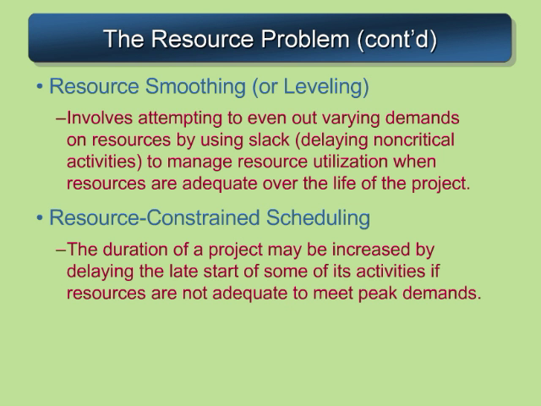Ultimately, we might have to lengthen the project if we don't have the resources available, if the manpower is not there, if the staffing's not available, if the equipment's not available to do the task. If we don't have those things in place, we might actually have to make our project last longer so that we can actually get the resources we need when we need them.